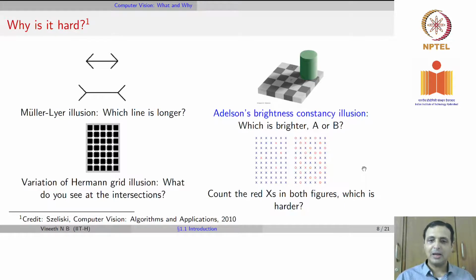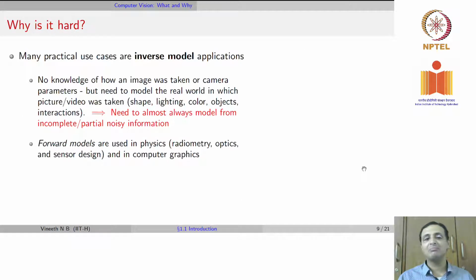More deeply, if we had to ask why computer vision is hard, most of the practical use cases of computer vision are what is known as inverse model applications. Now, what does this mean? This means that we have no knowledge of how an image was taken or what the camera parameters were when the image was taken.